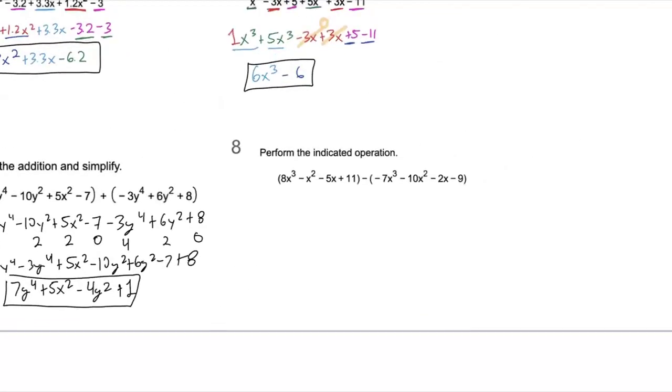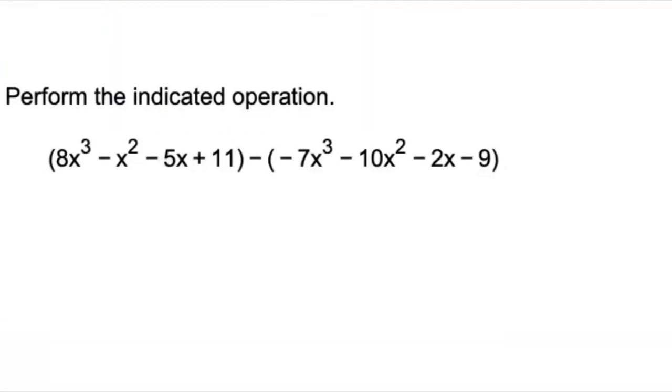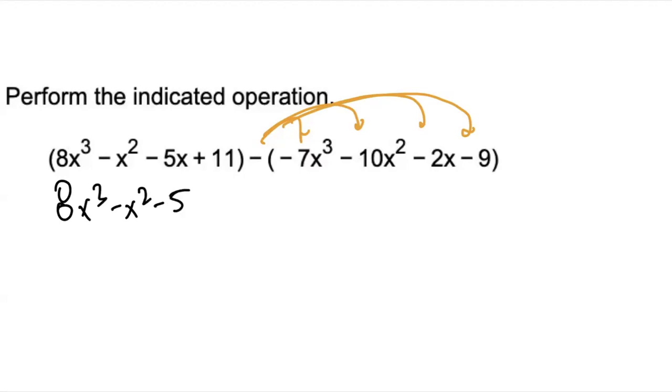So for the last example, same thing. The only thing you have to be careful of is the negative. If there's a negative, you have to distribute the negative. So in this case, everything on the left-hand side stays the same. But for the other terms, you have to distribute.